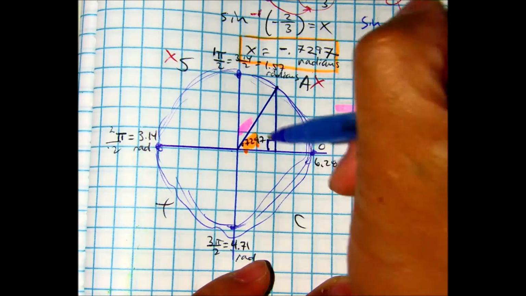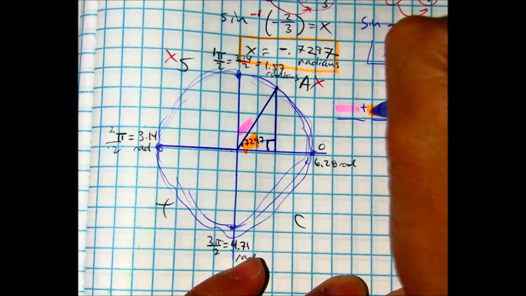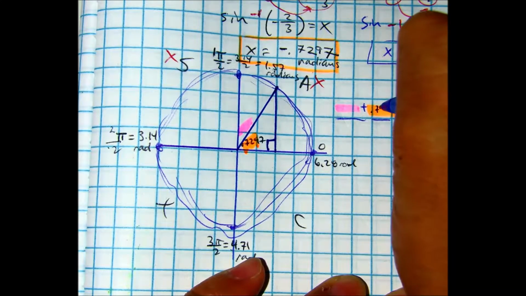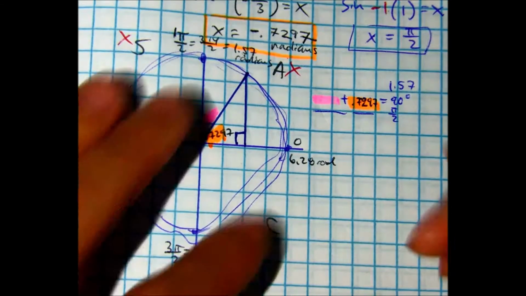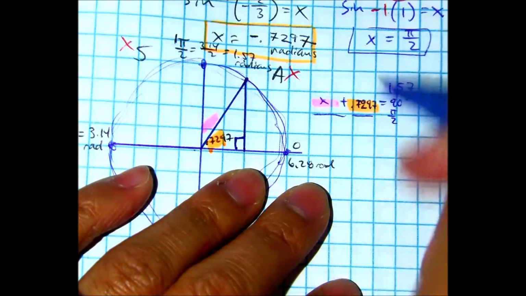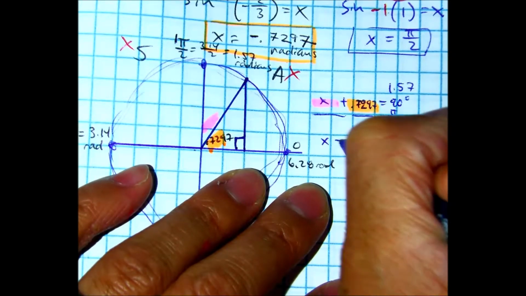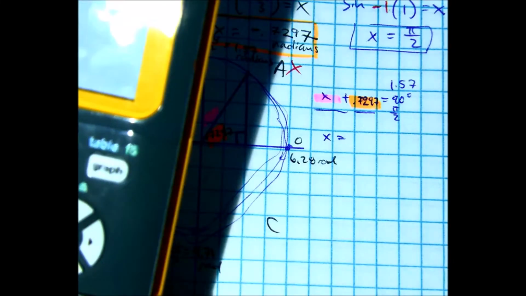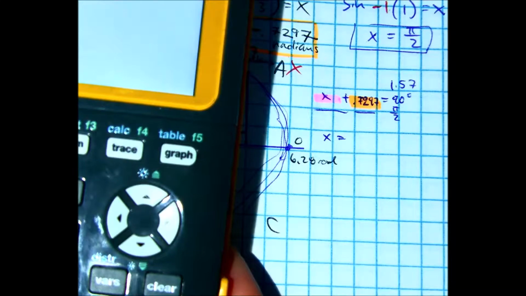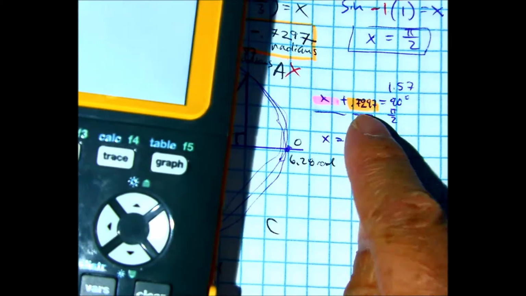So if I put in 0.7297, I basically need to solve for the pink. So you can call it, I don't know, x, and just subtract. So I just type in my calculator 1.57 subtract 0.7297.